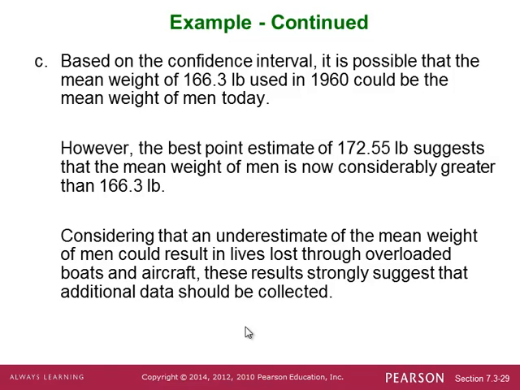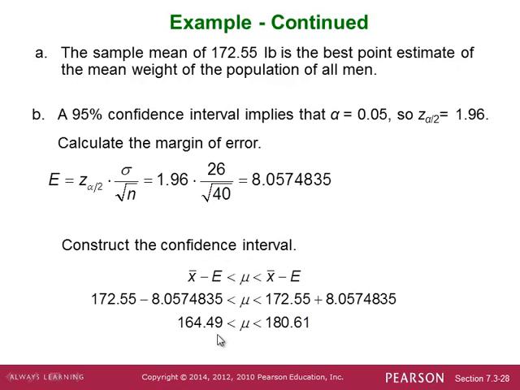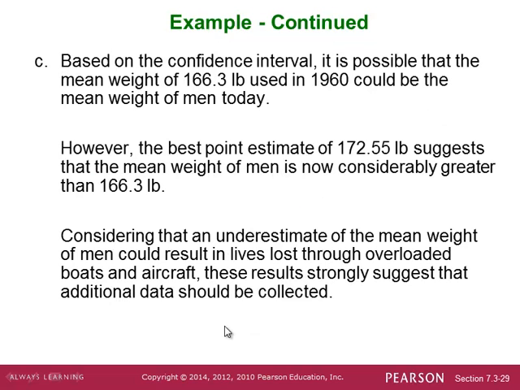Notice, by the way, that this figure, 166.3, lies within this confidence interval. So it's entirely possible that this estimate of the mean men's weight from 1960 could be the mean weight of men today, because it's within our confidence interval.